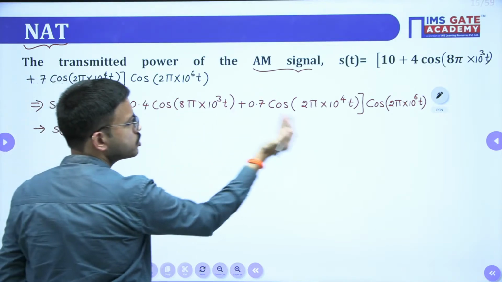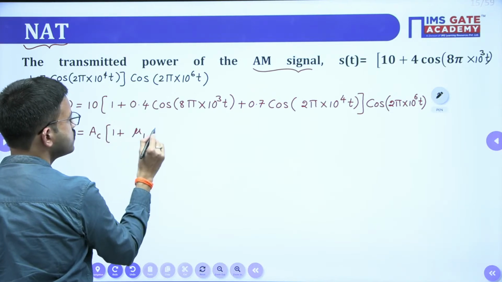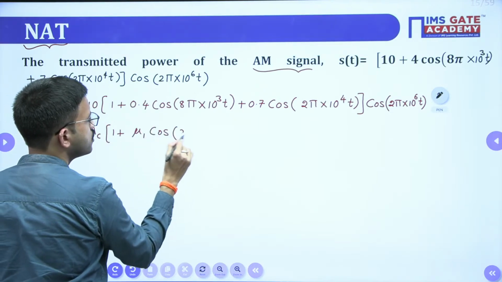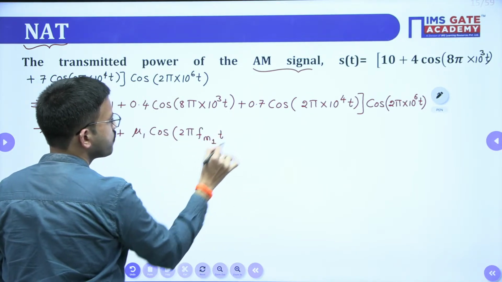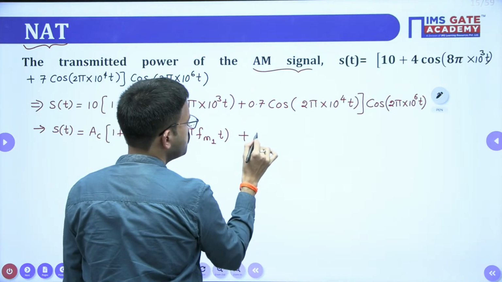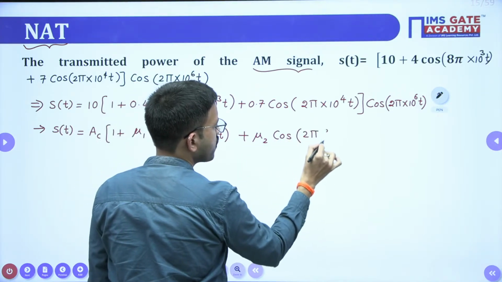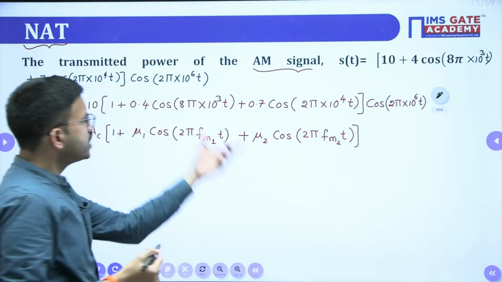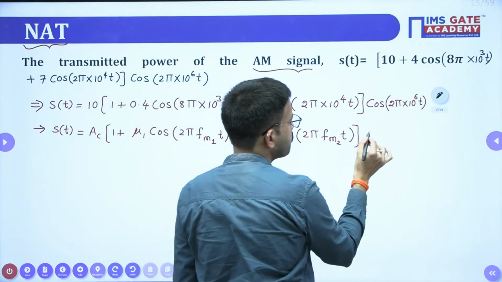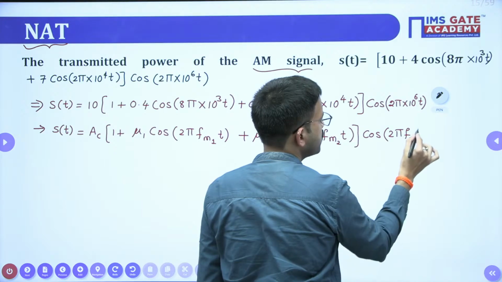But you have two modulating signals, so we can consider it as mu 1 cos of 2 pi fm1 t plus mu 2 cos of 2 pi fm2 t, and the overall signal is multiplied with the carrier signal, cos 2 pi fc t.